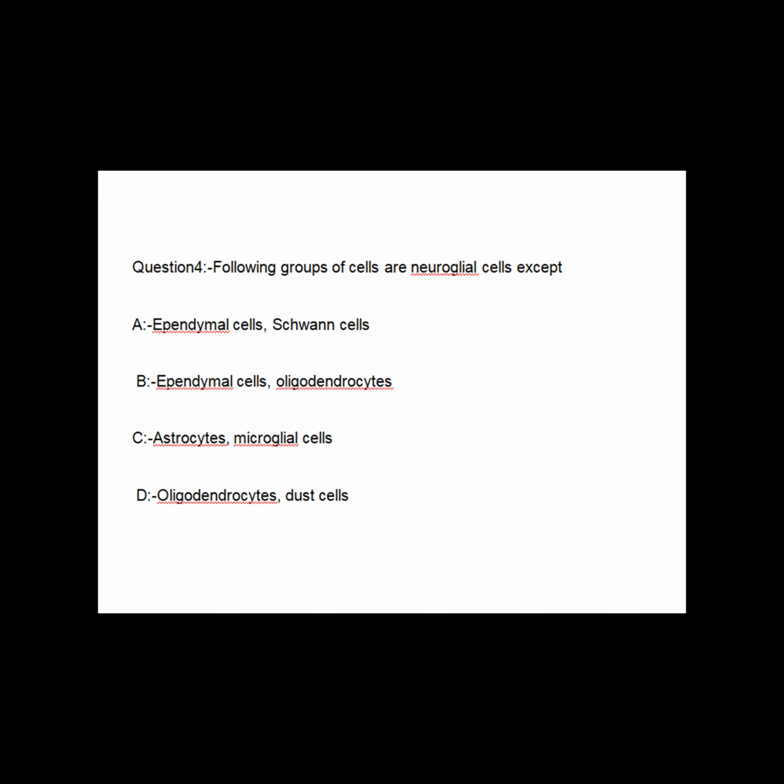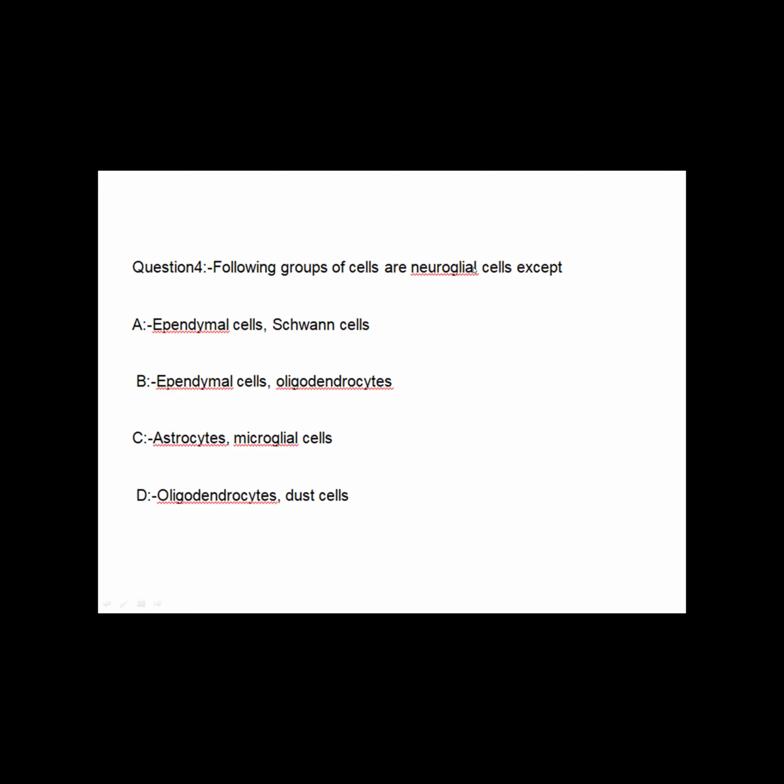Okay. First, now let's try to understand what neuroglial cells are. Anyone else who wants to answer? Dr. Kalpana says option D. Okay. Let's see what neuroglial cells are first. Actually, the neuroglial cells are the supporting cells of the nervous system. They do not carry signals like neurons, but they help protect and nourish neurons.